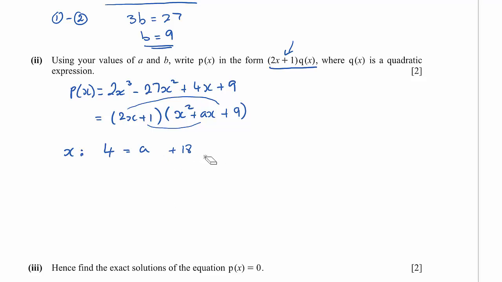So we can get rid of the x's because we're just looking at coefficients. So that means that a is equal to negative 14. So we have 2x plus 1, x squared minus 14x plus 9.